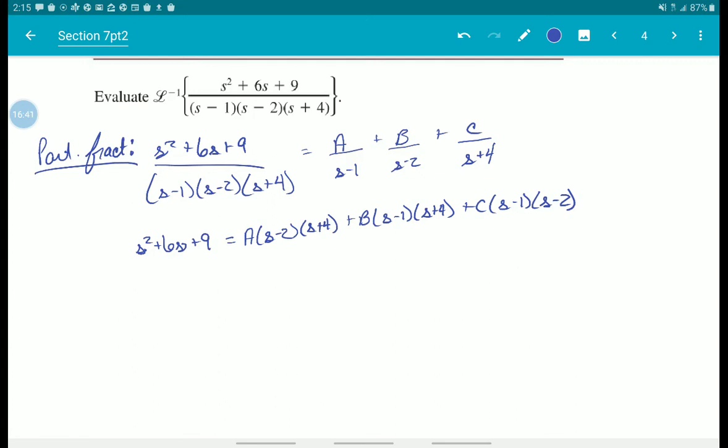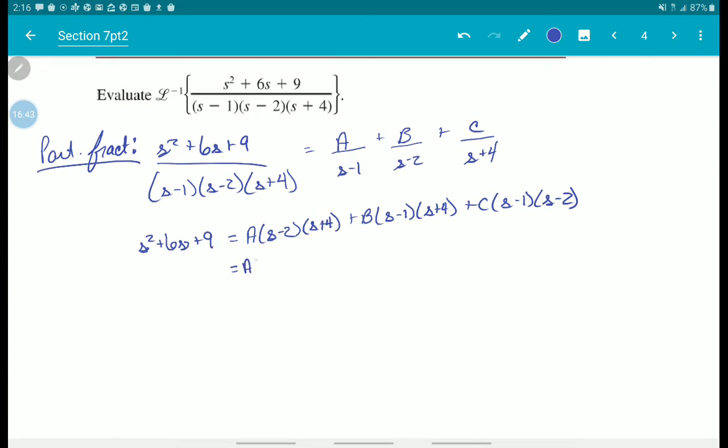So I'm going to FOIL everything out on the right-hand side. So this is A times s squared plus 4s minus 2s, which is a positive 2s, minus 8, plus B times s squared plus 4s minus s, which is a 3s, minus 4, plus C times s squared minus 3s plus 2.